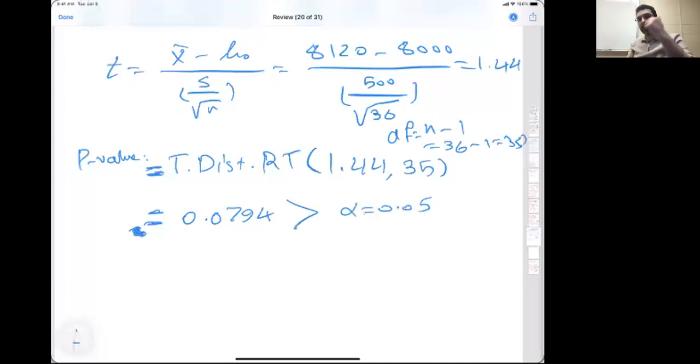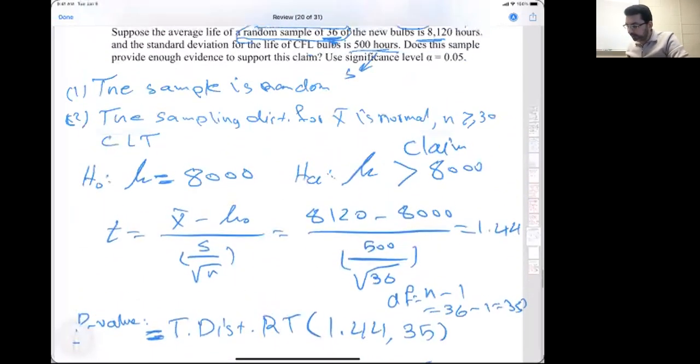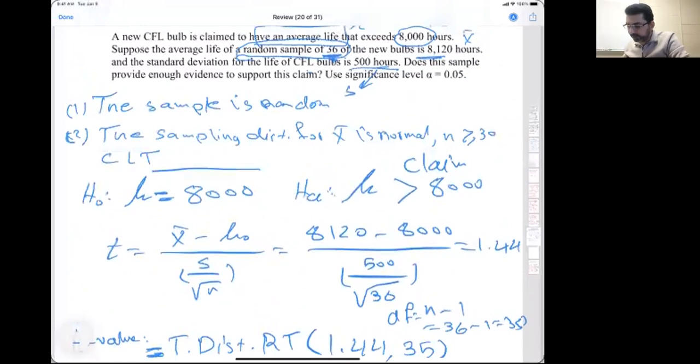If you return to our table talking about the rule of the p-value, in this case our decision is don't reject H naught.